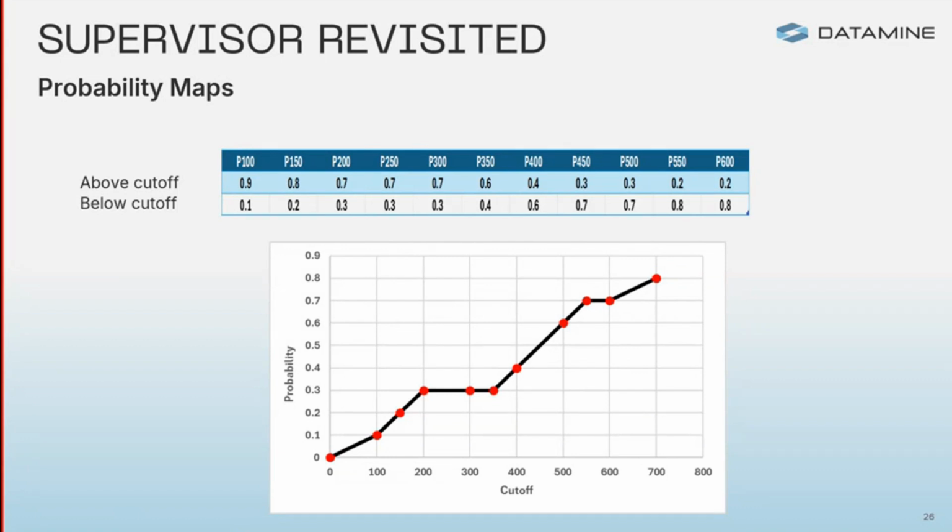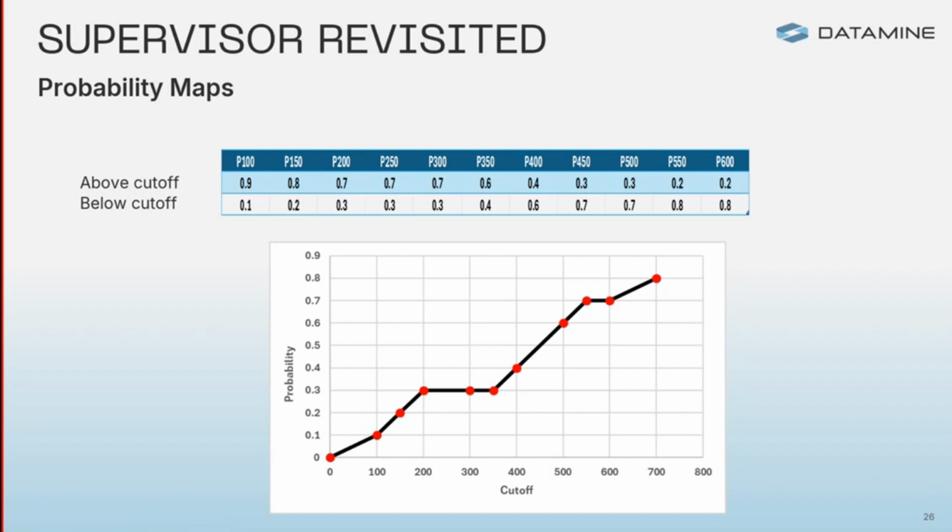So with a quick post-processing result here, we can transform this probability above cutoff to a CDF. And then we get the CDF for every single block.